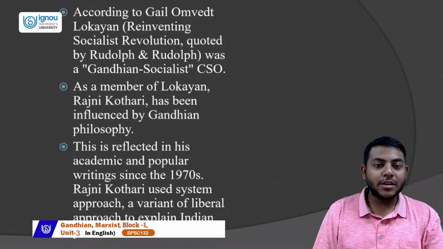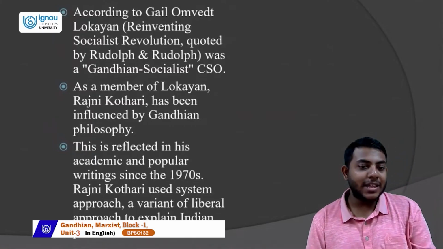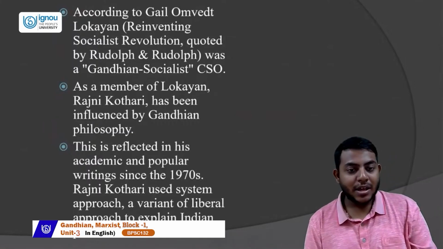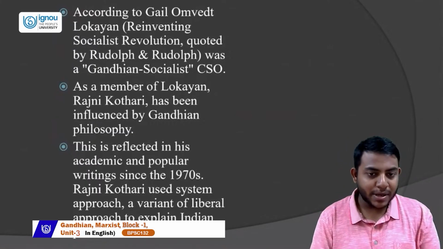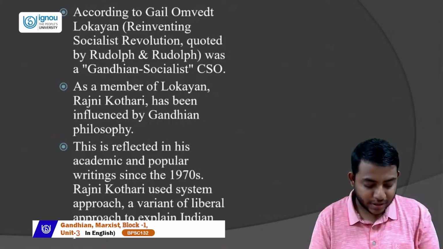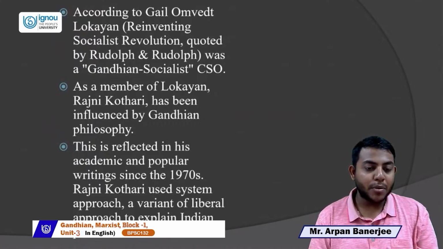According to Gail Omvedt, Lokayan or Reinventing Socialist Revolution, quoted by Rudolph and Rudolph, was a Gandhian socialist civil society organization. As a member of Lokayan, Rajni Kothari has been influenced by Gandhian philosophy. This is reflected in his academic and popular writings since the 1970s.